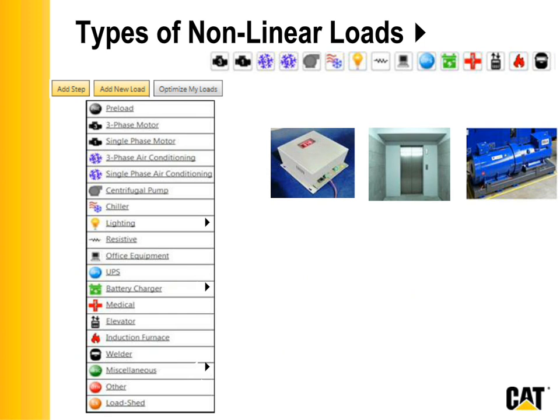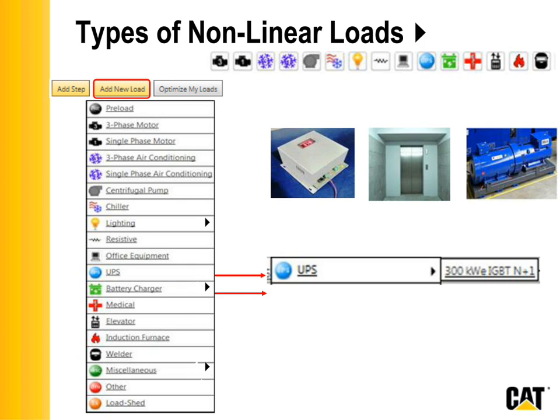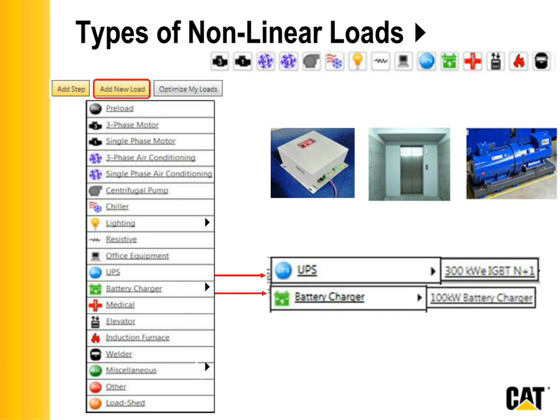Here we're looking at a couple of different load types that are nonlinear loads, UPS and battery charger, and I'm just showing you here that you can make template loads. The reason I'm showing this is I like to talk about the UPS load.